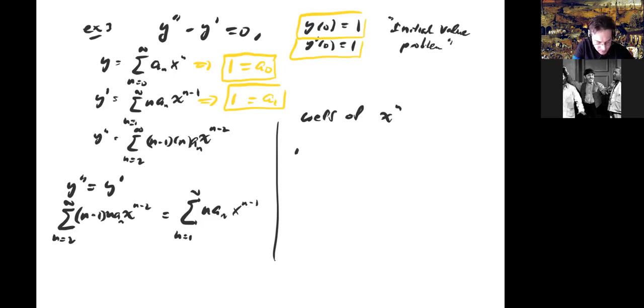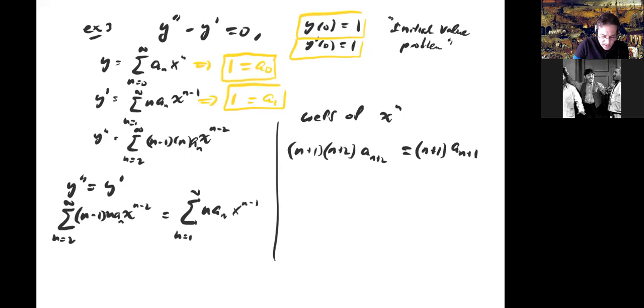So we're going to get n plus 1 times n plus 2 a sub n plus 2 is equal to the coefficient of x to the n on the right side, which is n plus 1 a sub n plus 1. And that's what I get so far.